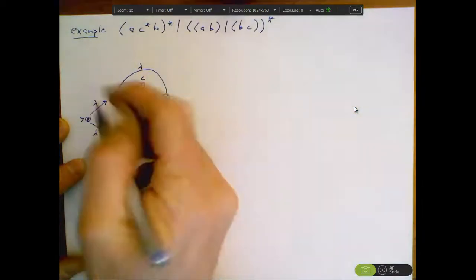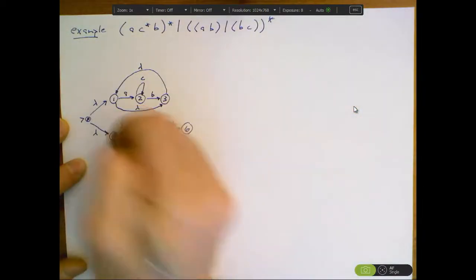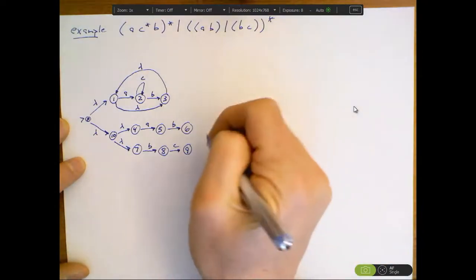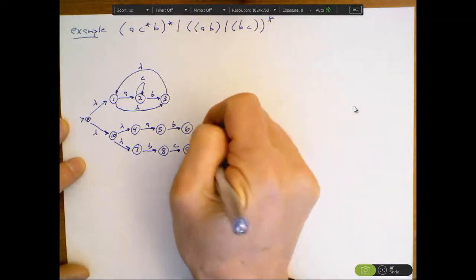At this point I realize I forgot to number this state. That's going to be state 10. And I'll bring the two alternations back together in a state 11.